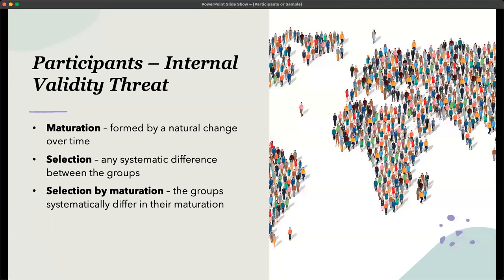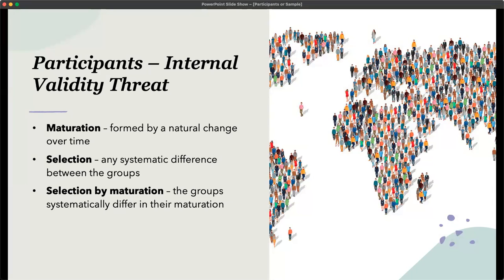So when we look at our participants, we have an internal validity threat. Now, the first and the third one on this list, we don't need to really worry about at a master's level course because you don't have enough time for your study to worry about maturation. So this would be a natural change in the participants over an extended period of time. Selection, though, this would be any systematic differences between the groups.